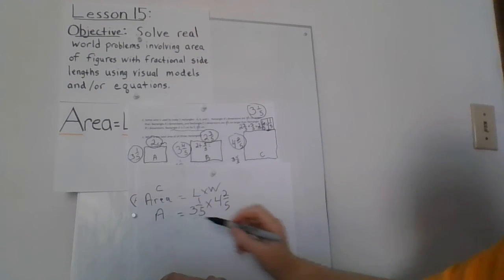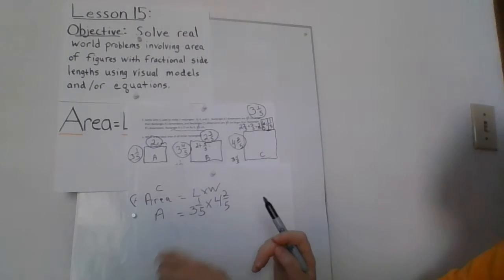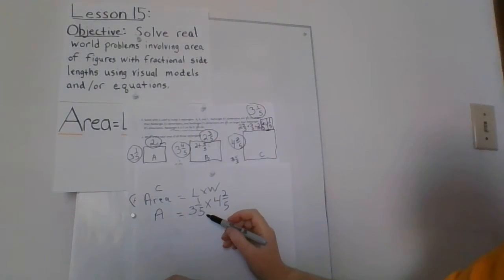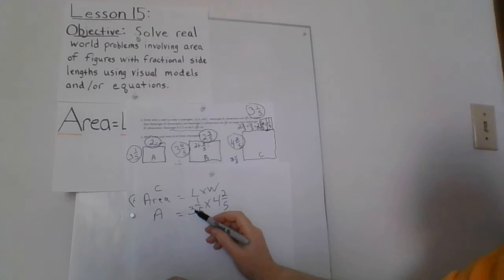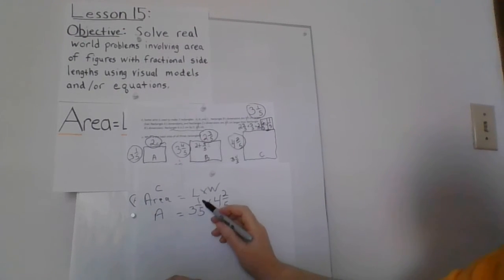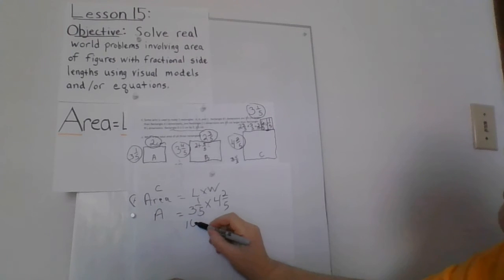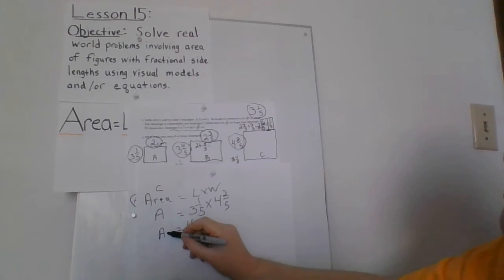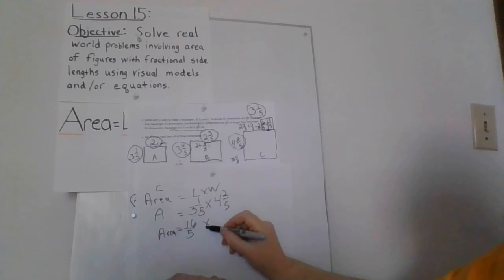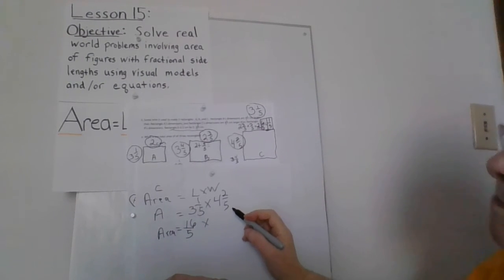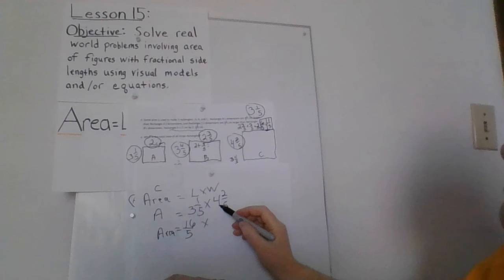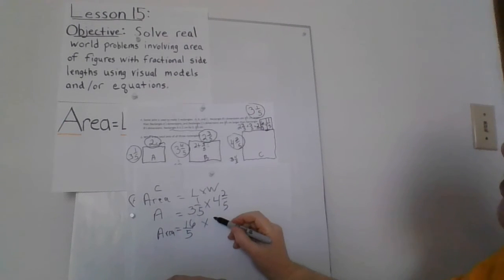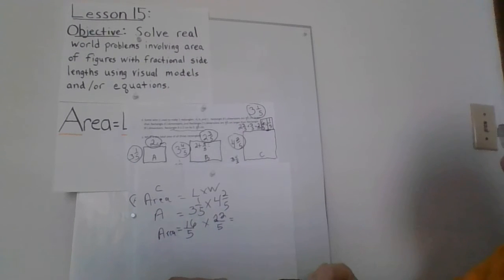Okay? I'm going to change my mixed number into an improper fraction. 5 times 3 is 15, and 15 plus 1 is 16 over 5. I'm going to do the same thing with my second number. 5 times 4 is 20 plus 2 is 22 over 5.